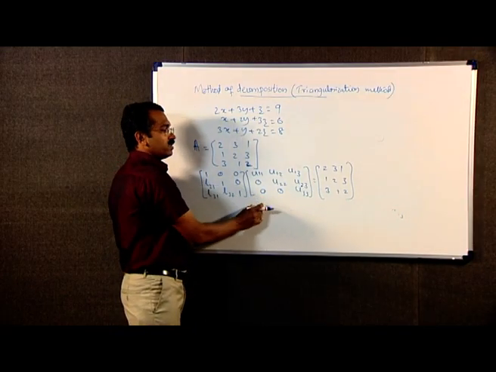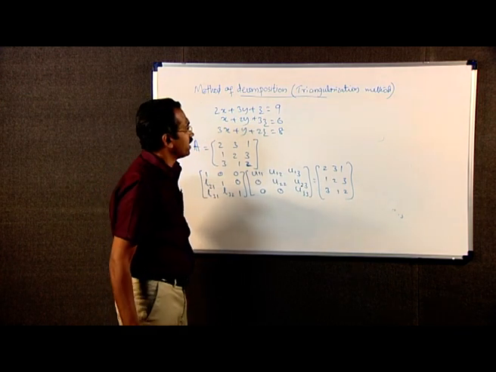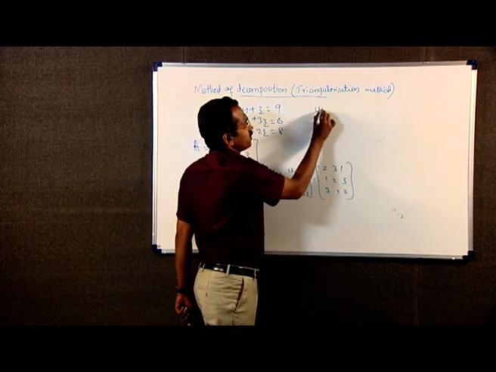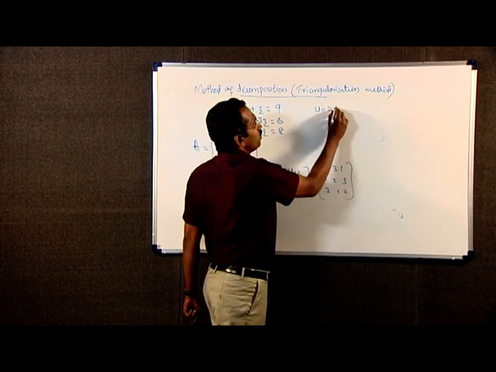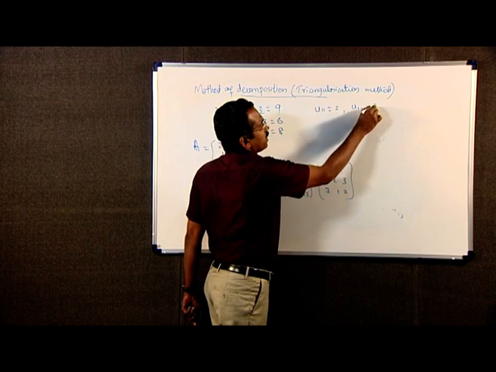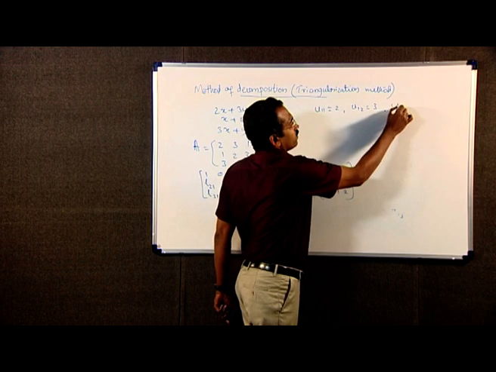Multiplying the left hand side and equating the corresponding terms, we get U11 as 2, U12 is equal to 3 and U13 equal to 1.